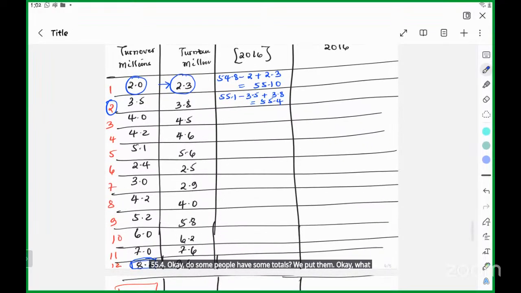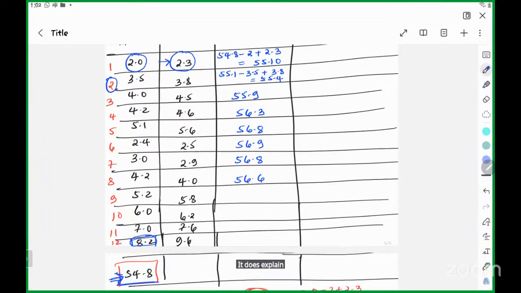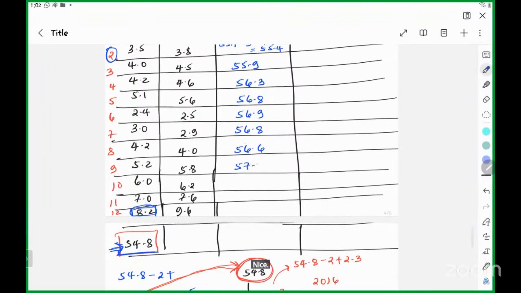What are they? 55.9, 56.3, 56.8, 56.9, 56.8, 56.6, 57.2, 57.4, 58, 59.4.